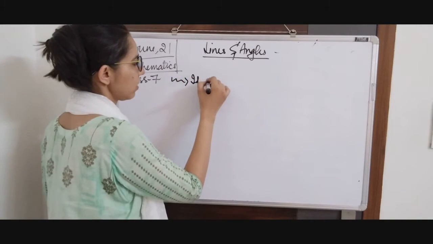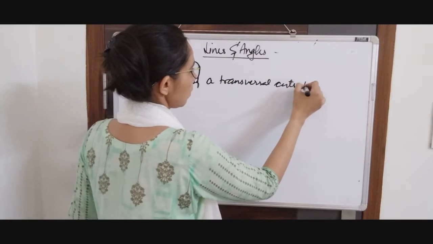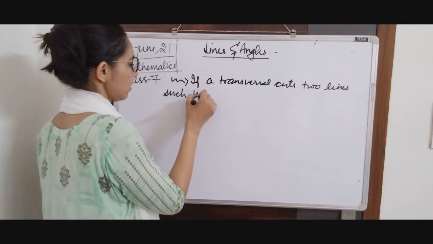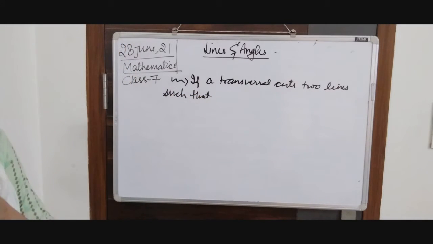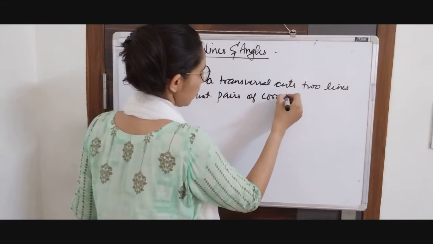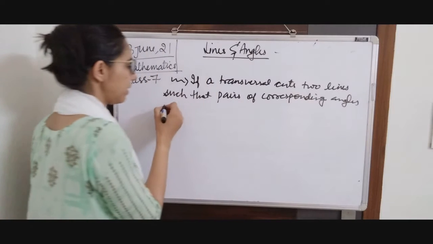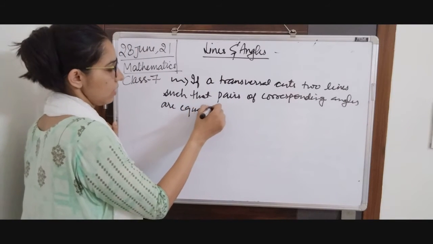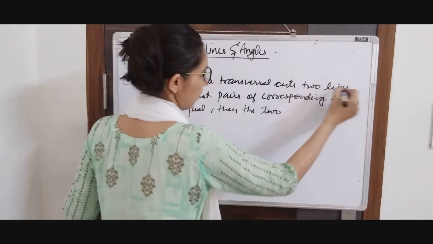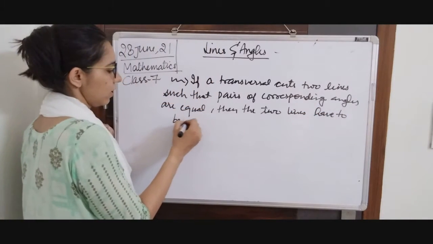If a transversal cuts two lines such that the pairs of corresponding angles are equal, then these two lines have to be parallel.